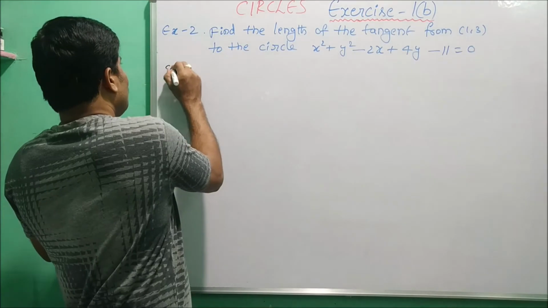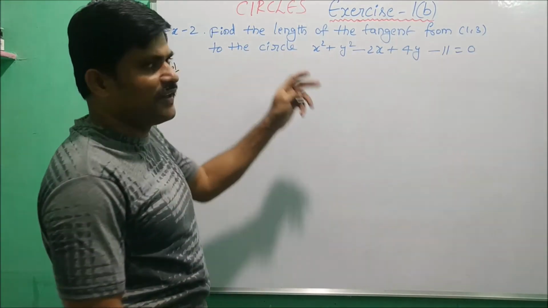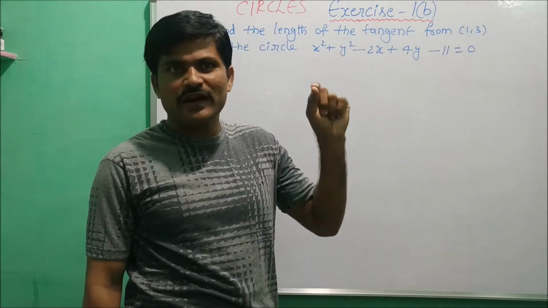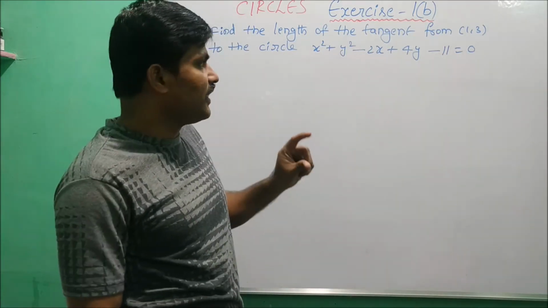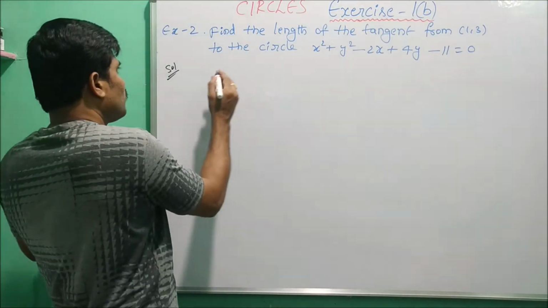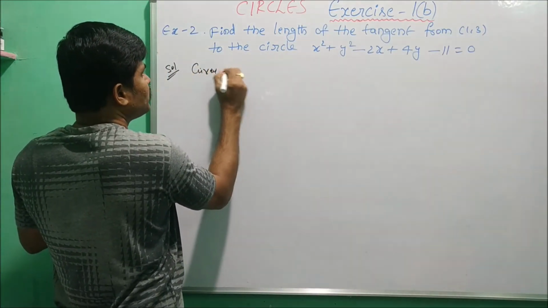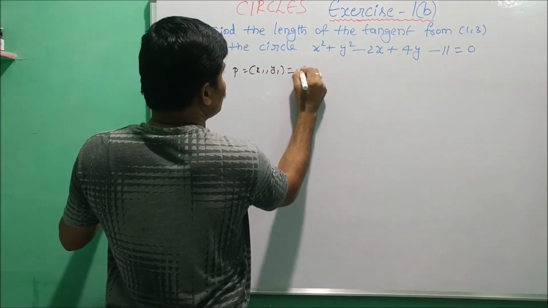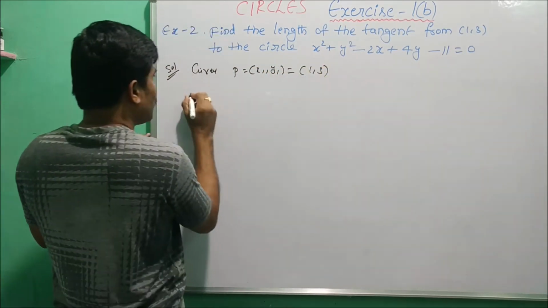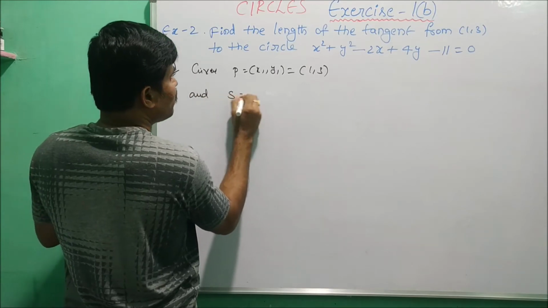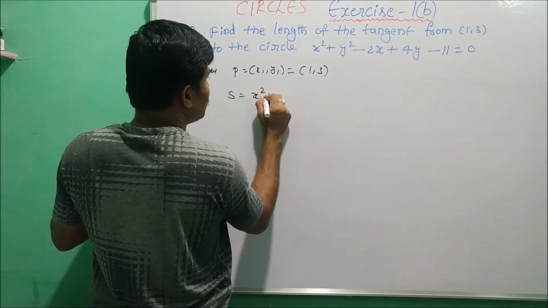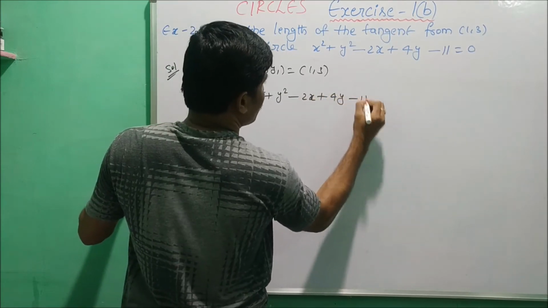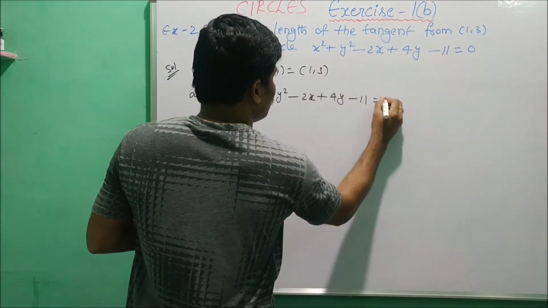So here, to find the length of the tangent, our second formula is for the length of the tangent to the circle s equal to 0. Given the point P of x1 y1 equals 1, 3 and s equals x square plus y square minus 2x plus 4y minus 11 equal to 0.